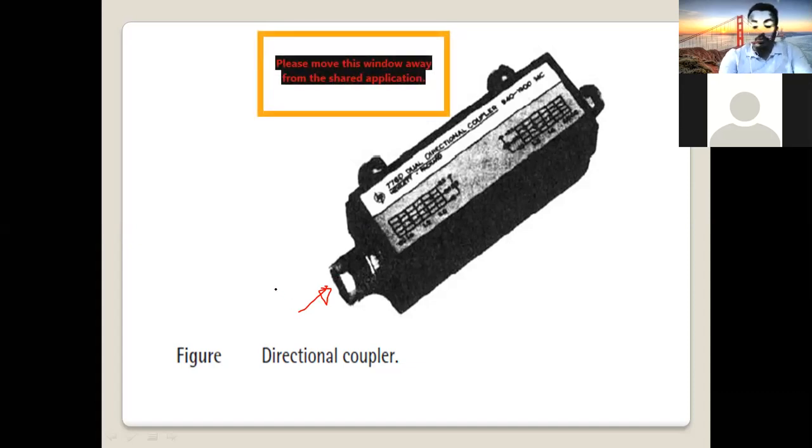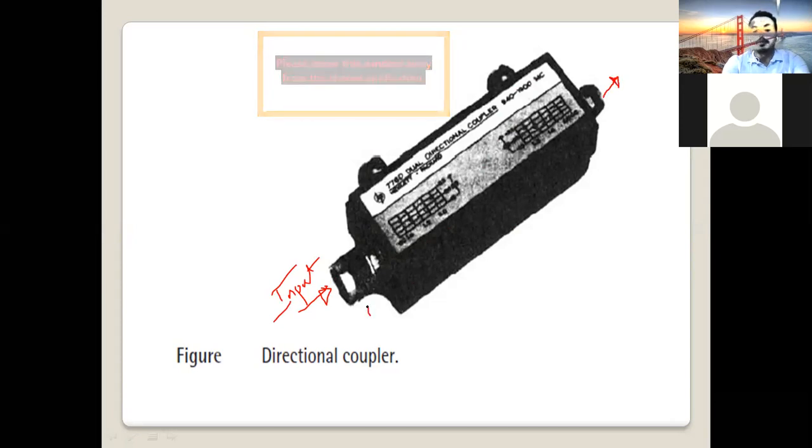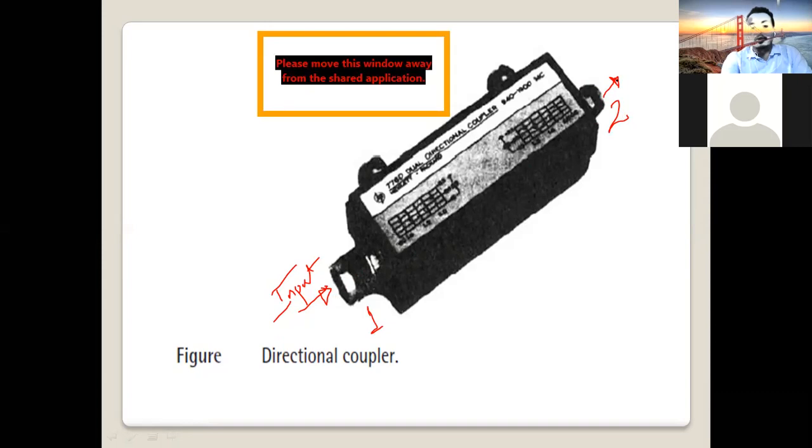This is port number 1. Here the signal is transmitted from the input port to port number 2, where we connect our cable to this device. Port number 2 is the output, which is called the direct port.